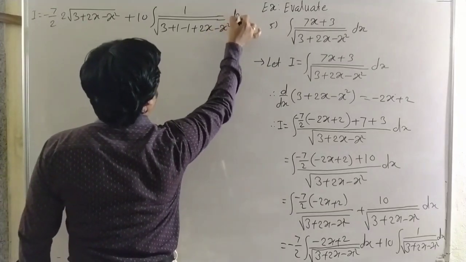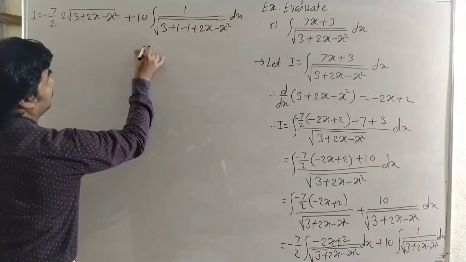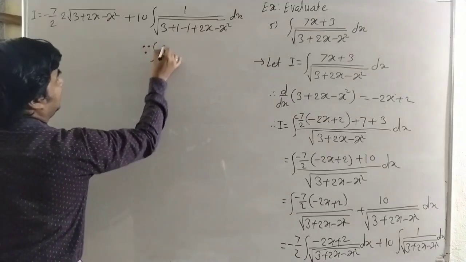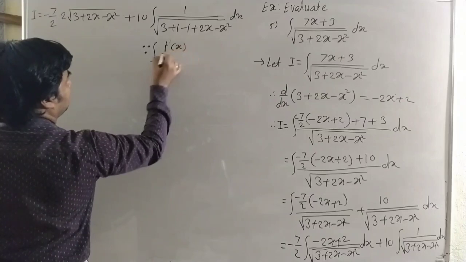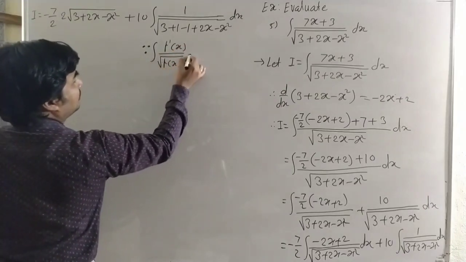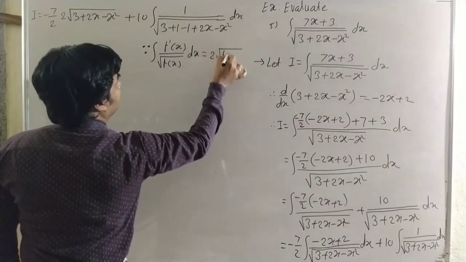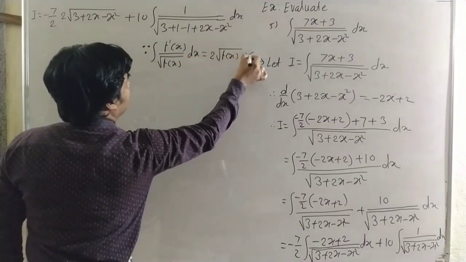To find the first integral, we use integral of f dash of x upon under root f of x is equal to 2 into under root f of x plus c.